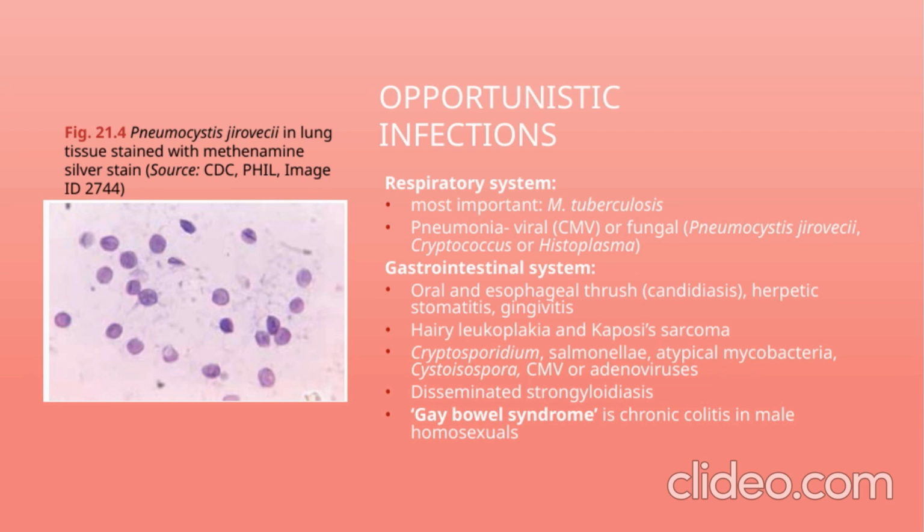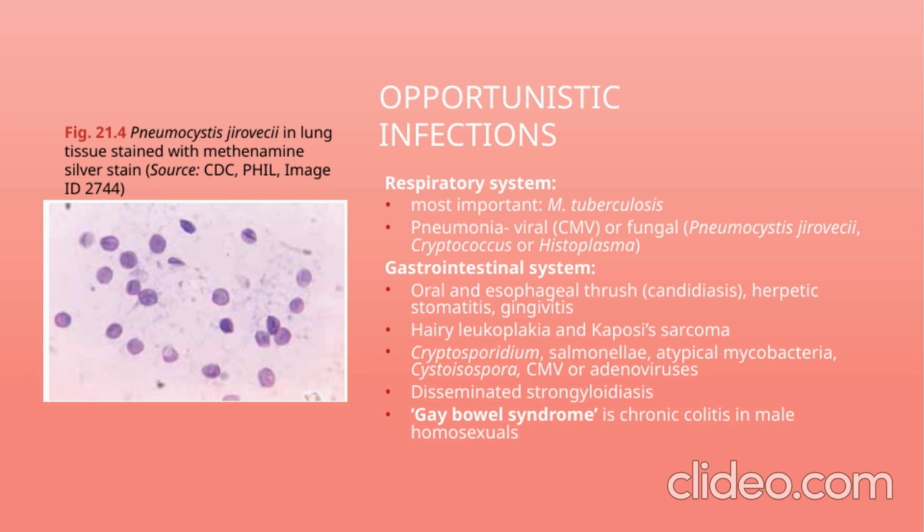Additionally, gastrointestinal infections can include parasites and bacteria such as Cryptosporidium, Salmonella, atypical mycobacteria, and Cystoisospora. Viruses like CMV and adenoviruses are also common culprits. In more disseminated cases, we might see strongyloidiasis spreading throughout the body.